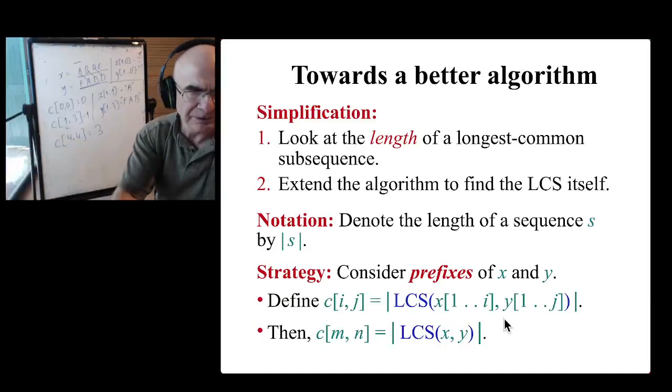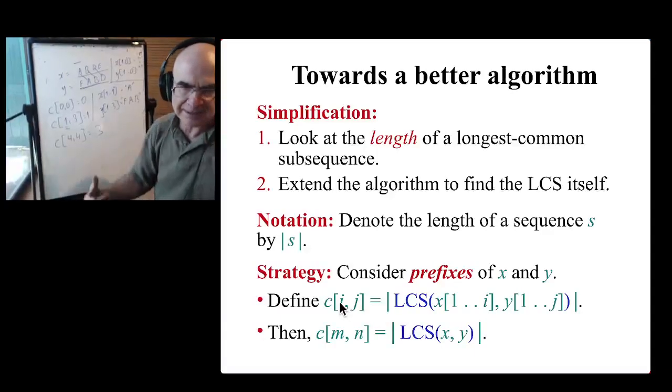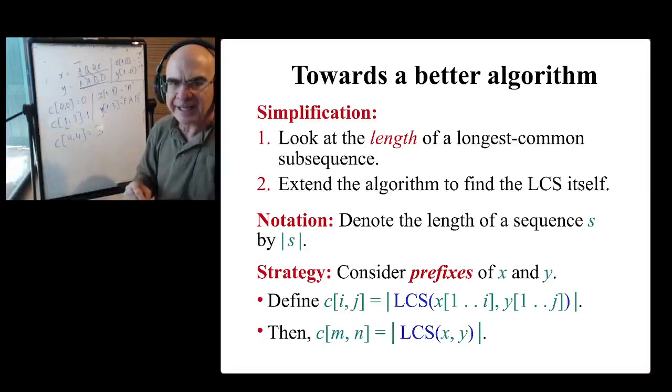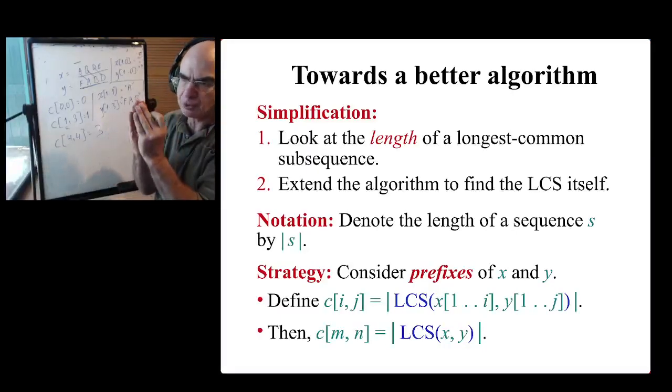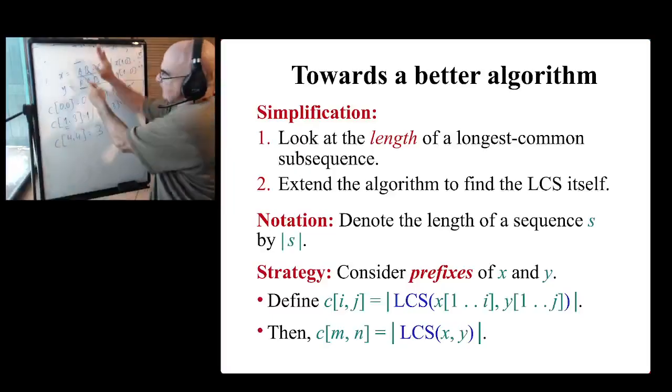And since you would not like to work with the LCSs themselves, you'll check the numbers that are stored as C[i][j]. This is the length of the LCS of very short prefixes of X and Y. I have a window.